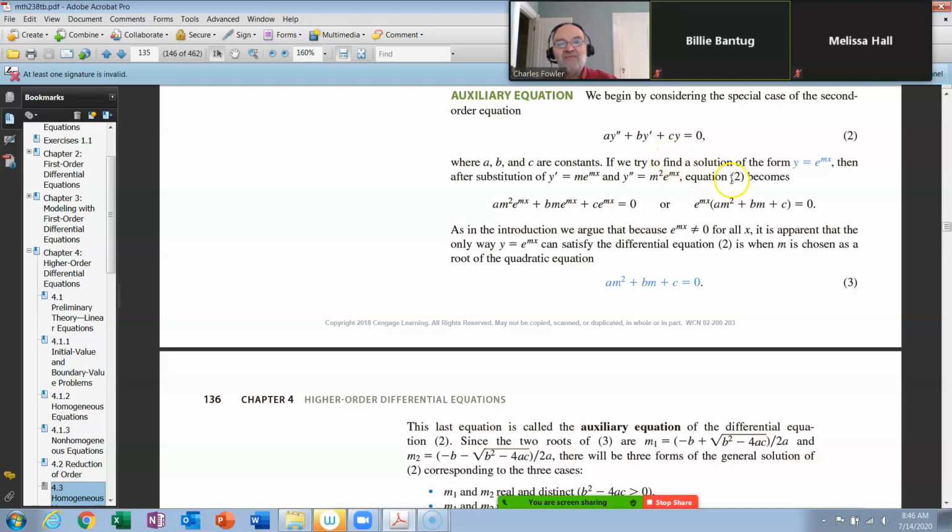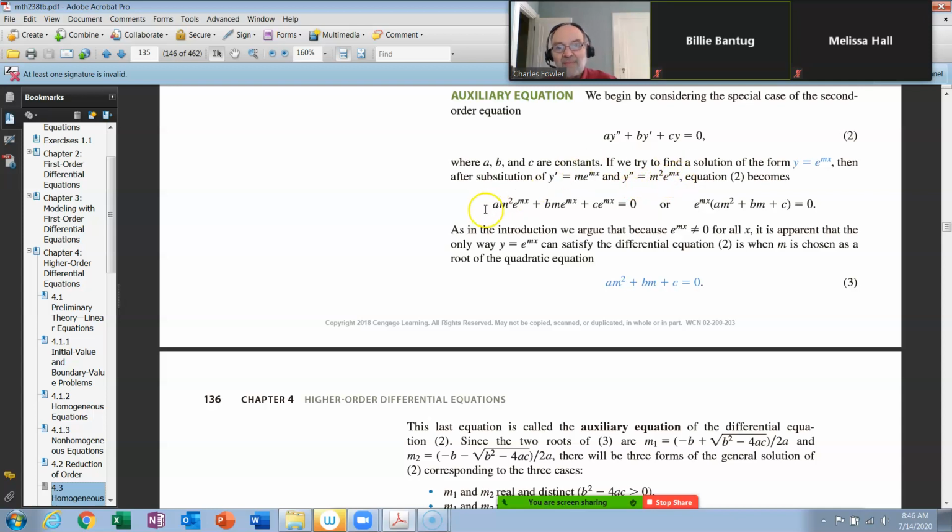If we try to find the solution and again make that same assumption, y is equal to e to the mx, well, y prime would then be m e to the mx, and y double prime would be m squared e to the mx. That's exactly what you see here and here.